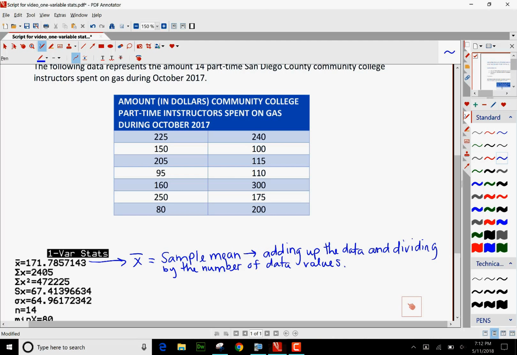Beautiful, 14. Okay, so summation x means it's the sum before you divided by that 14. So if you added up all these data points, you would get the 2405.